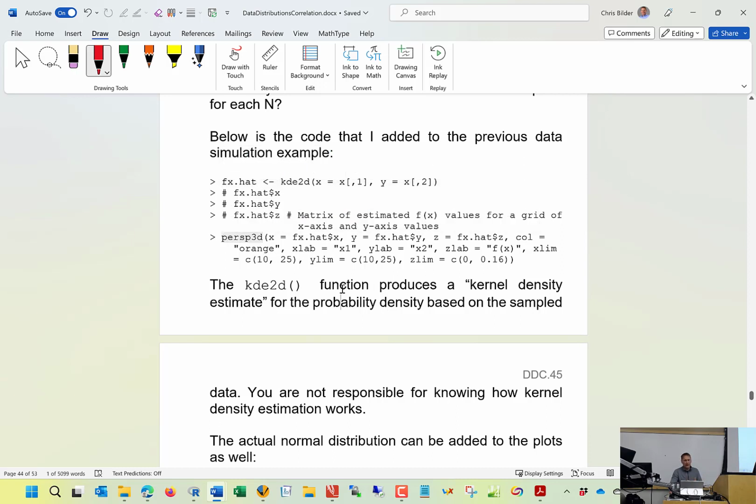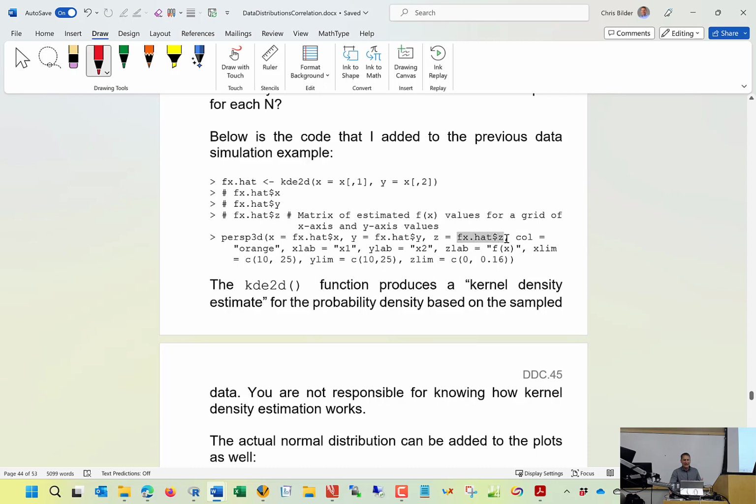And then when I run the persp3d function itself, for my x-axis, I simply grab out all the x values that are in my f of x dot hat. So R has a way of looking at all the x1 values. In other words, what's going to go on the x-axis. What goes on the y-axis are my x2 values.